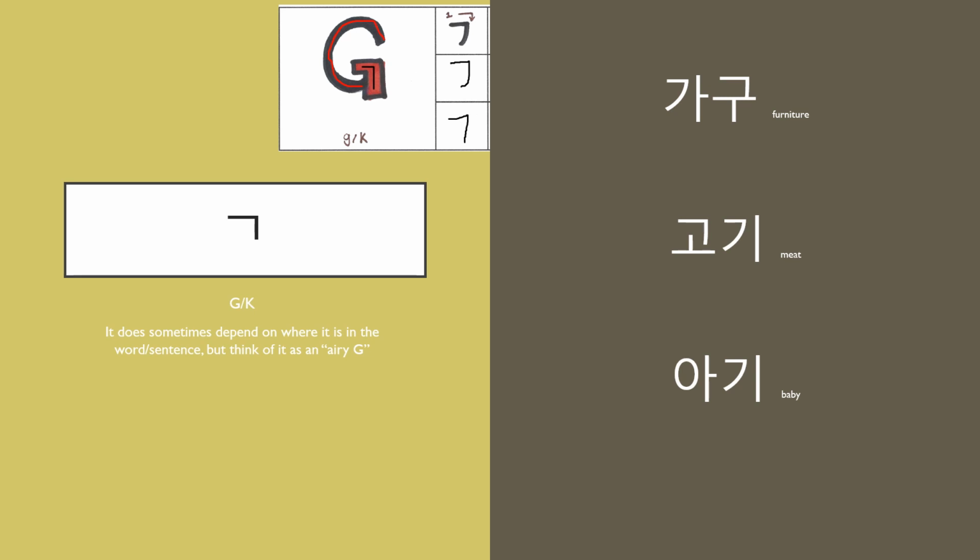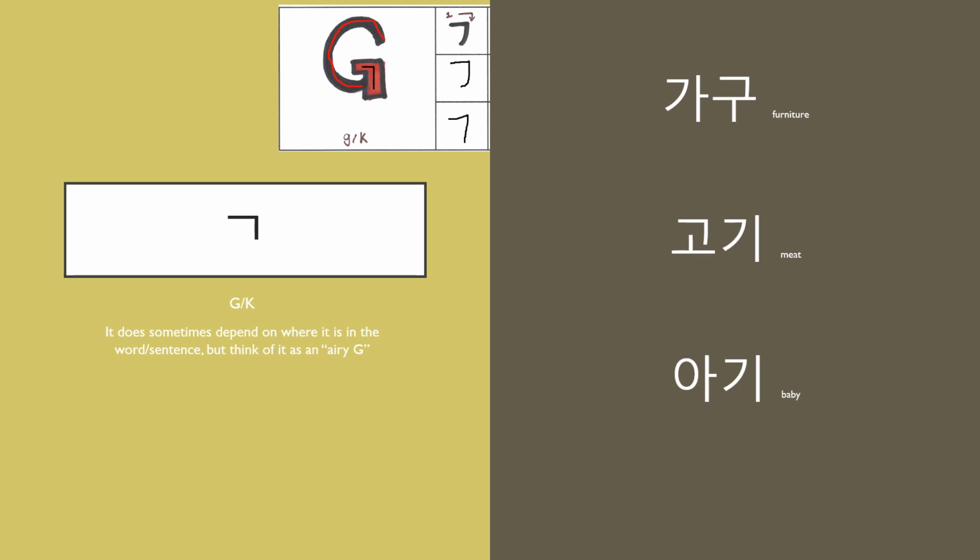It's more of an in-between sound, and you get there by making it more of an airy G sound. So to give you an example, the English word gummy said with a Korean G/K would sound like call me, call me. Or the word girl would sound like 걸 in Korean.